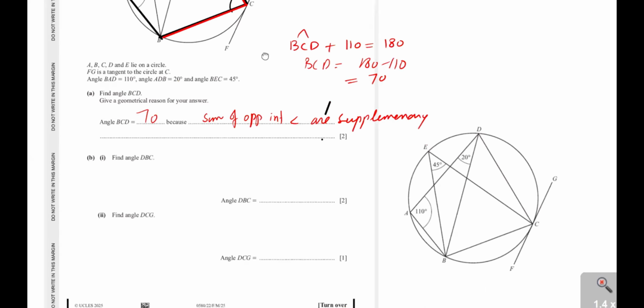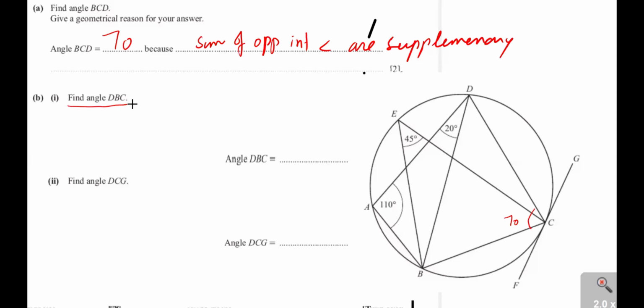Next question, part B. Find the angle DBC. Look here, this is the angle DBC. To calculate the angle DBC, firstly we will calculate this angle BDC. Look here, the angle BDC equal to 45 degrees, because of the angle in the same segment. This chord BC makes the angle at D and E in the same segment. Therefore, we write angles in the same segment is 45.